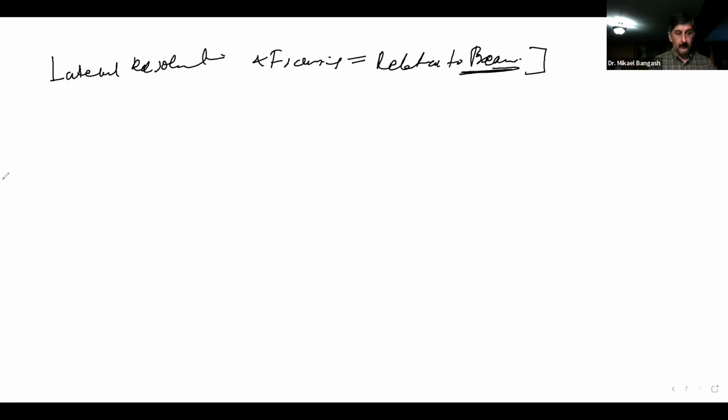And what was it that a beam was? This, for instance, would have been a beam, right? Did that make sense?